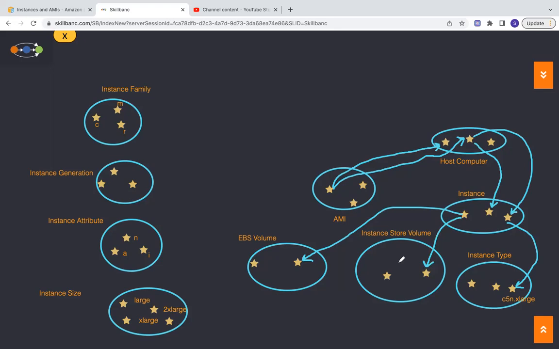If the data can be retrieved and put on the machine, then you don't have to worry even if this is gone, since you have this data somewhere else and you can always put it back as part of your installation or something like that. If you want to preserve it, then just use these EBS volumes, and that way you can always attach it back.